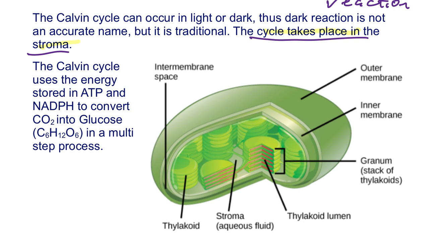The dark reactions, also called the Calvin cycle, take place in the stroma, whereas the light reactions take place in the thylakoids or the granum.